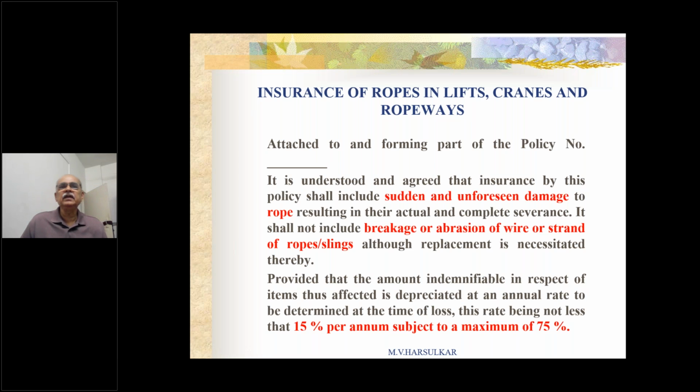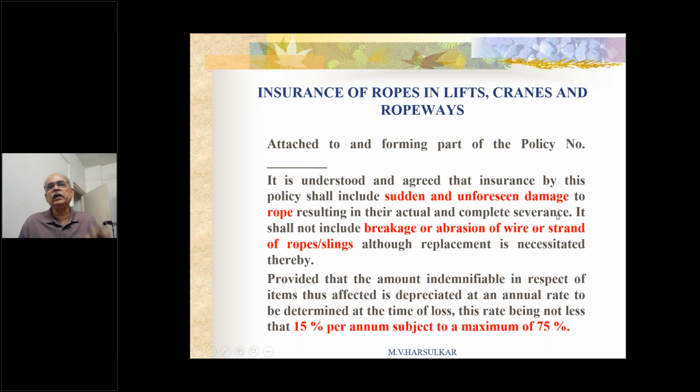So what we are giving: sudden and unforeseen damage to the rope, resulting in their actual and complete severance. It should not include breakage or abrasion of wire or strand or rope slings. So there is a sudden unforeseen event, but it is not completely severed. There is only breakage of a few wires or abrasion of a strand of rope slings. Then that is not covered.